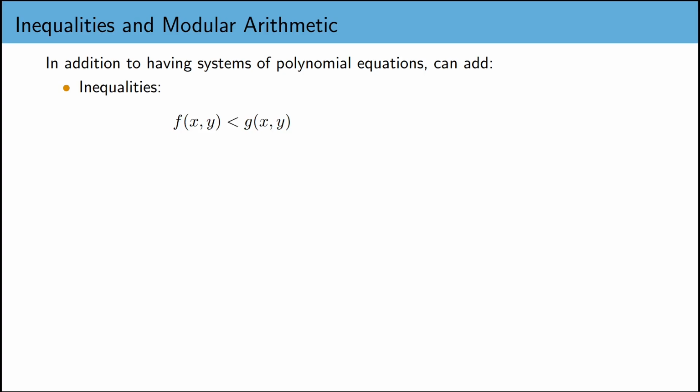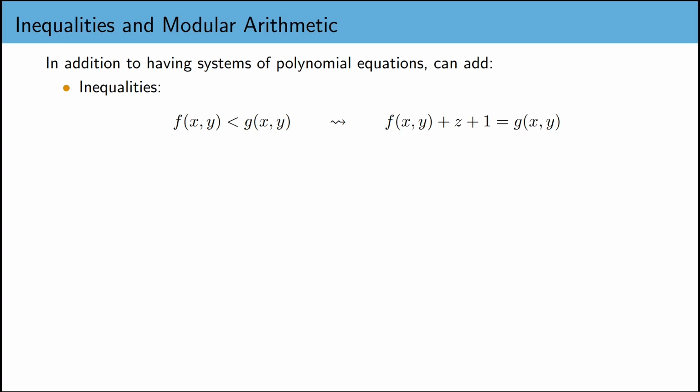Specifically, suppose we wanted to express an inequality: we're looking to see if there are some values of x and y that make some polynomial f of xy strictly less than some polynomial g of xy. Well, we can translate this sort of assertion into a polynomial equation, add in a new variable z, and then assert that f of xy plus z plus 1 is equal to g of xy.